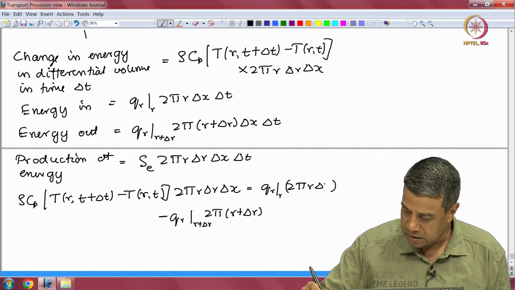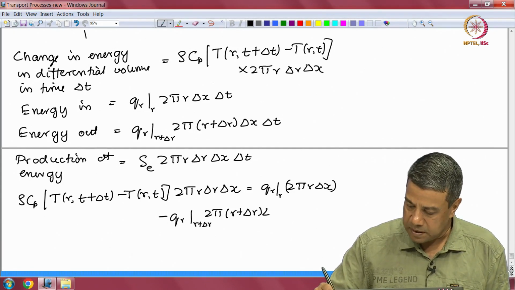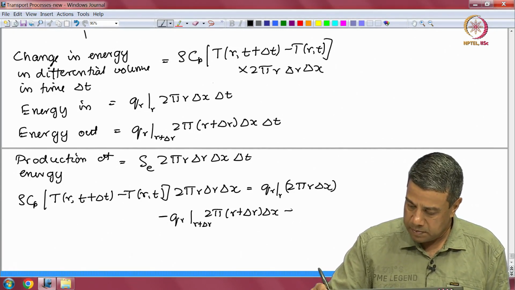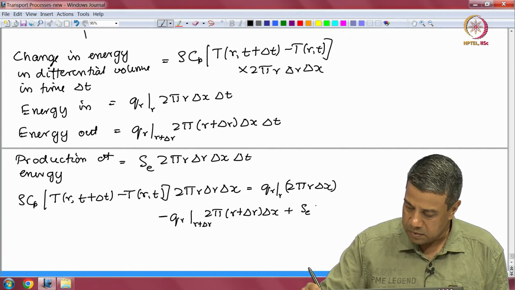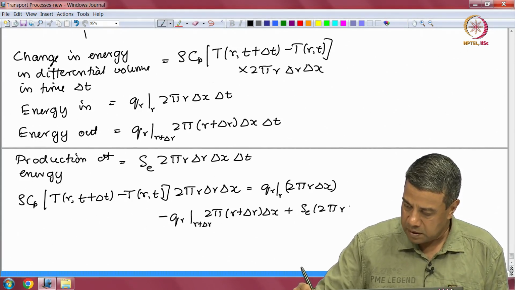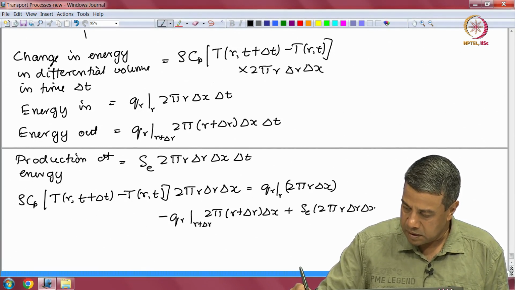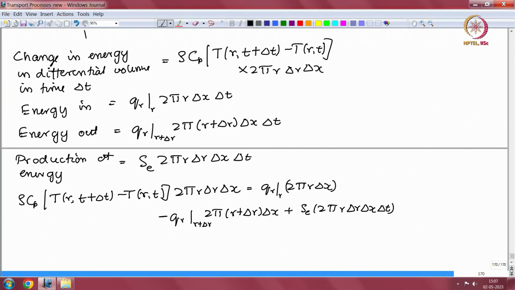Surface area is 2 pi r delta x, 2 pi r plus delta r delta x, okay, plus S_E into 2 pi r delta x delta t.